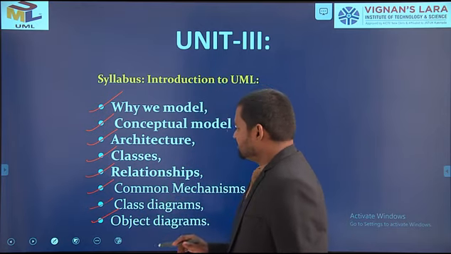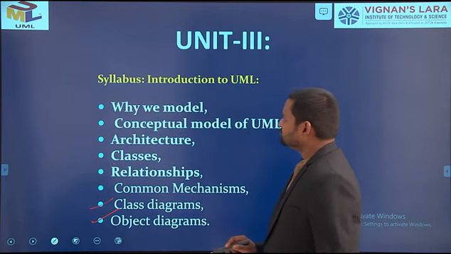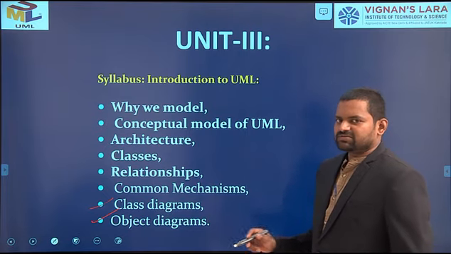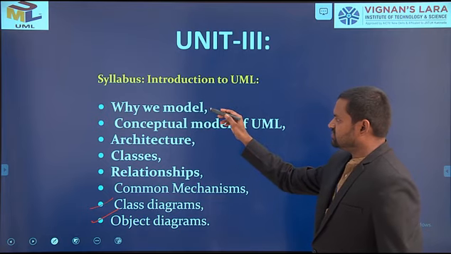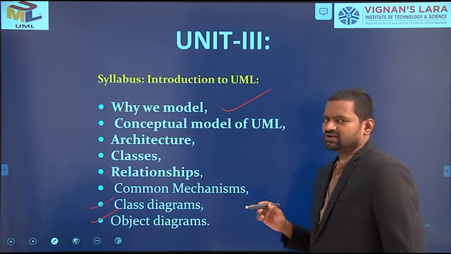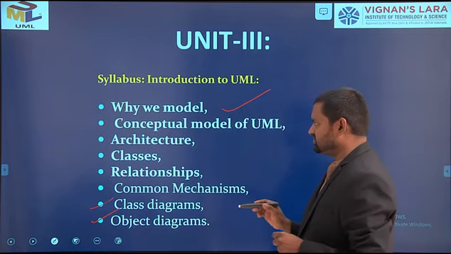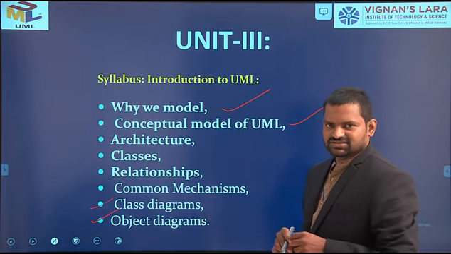At the end of this third unit, we will be familiarized with drawing class diagrams and object diagrams. This is what the syllabus contains. If time permits, we will see other things. We have to see why we need a model, what a model is, and why we use a model. And the conceptual model of the UML, which we have already seen.